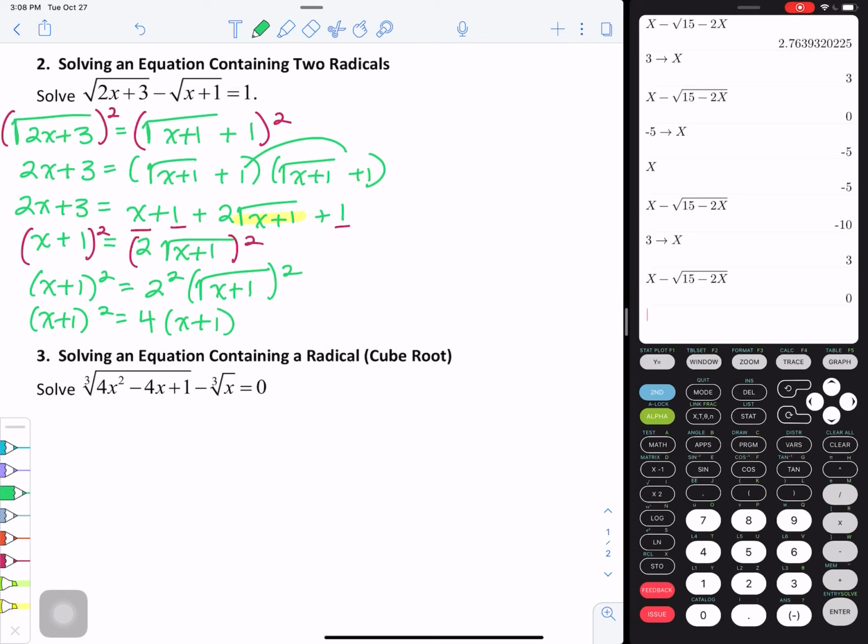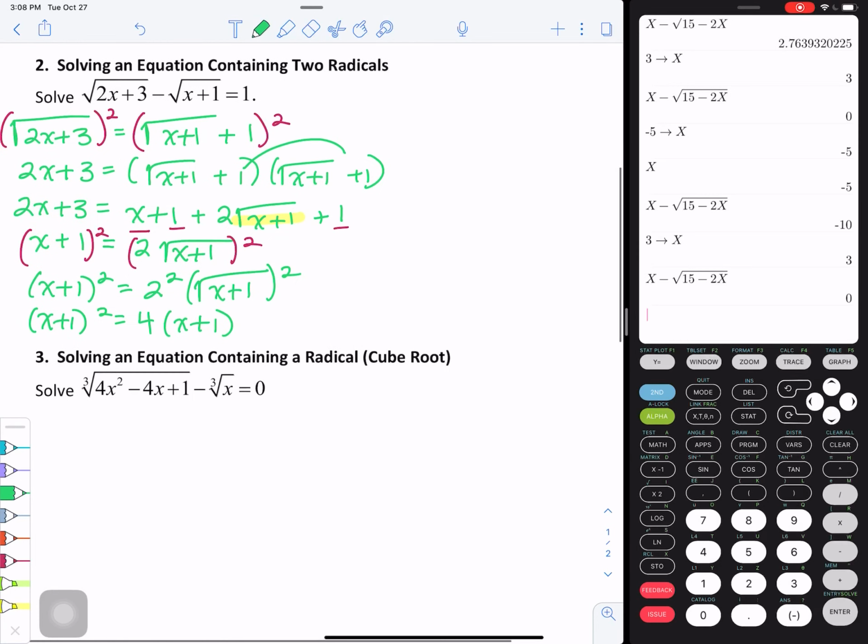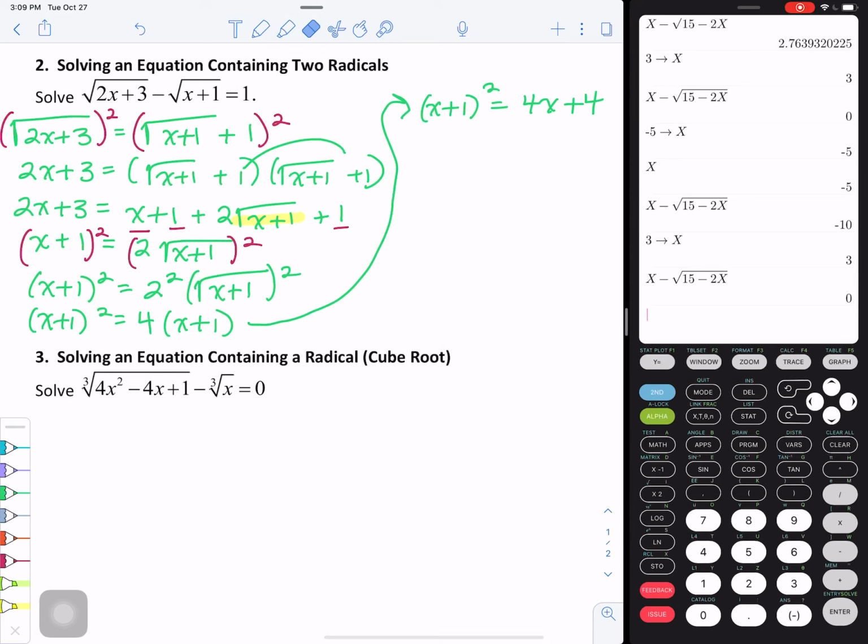If you need to pause the video and take a look at that a little closer, you can. So now I'm going to come up here, and I'm going to distribute that 4. So I have x plus 1 squared equals 4x plus 4. And I probably should have written x plus 1 multiplied by x plus 1.